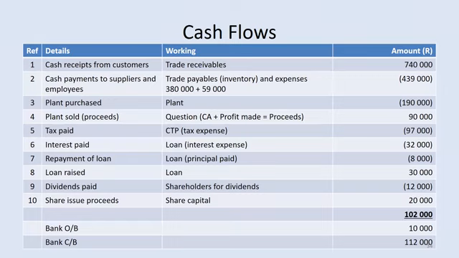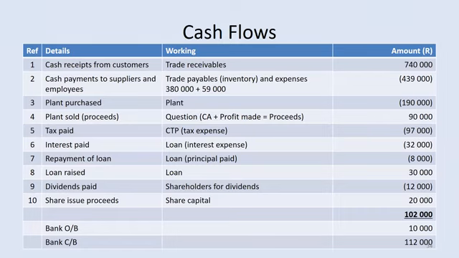The loan raised was calculated using that loan account, and we discovered that a further loan of 30,000 Rand was taken out by the company. There were also dividends paid, using our shareholders for dividends account, to see an outflow of 12,000, and share issue proceeds through the share capital account. We were able to determine that we raised 20,000 Rand by issuing ordinary shares.